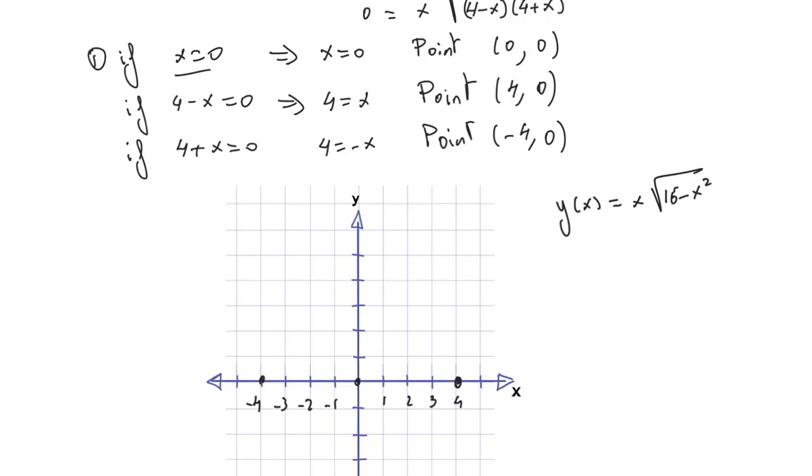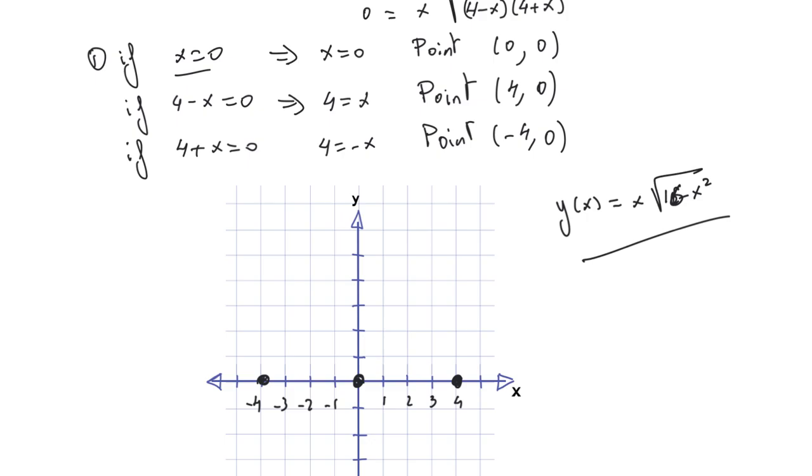Now, what is important to detect the point of intersection of this function y of x equal x multiplied by square root of 16 minus x squared? Well, because you know that these are the points of intersection, these 3 points: the point 0, 0, the point 4, 0, and the point minus 4, 0.